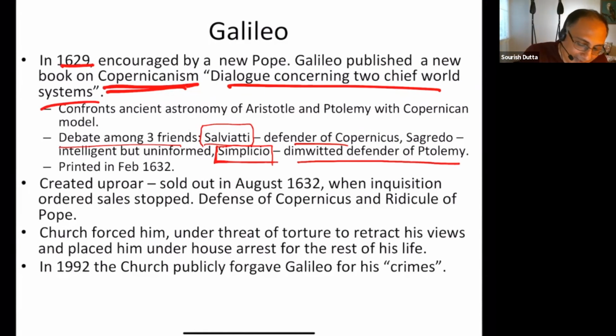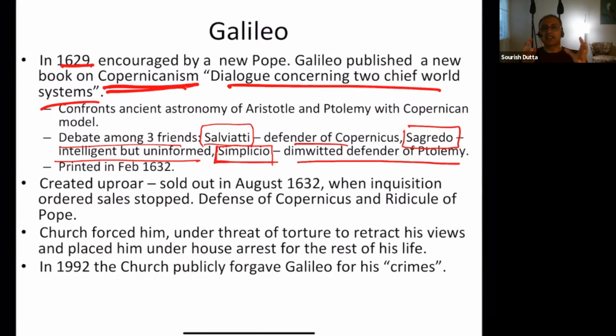And then there was this other character in the book. His name was Sagredo. He was intelligent but uninformed. Sagredo was smart enough, though he did not have the knowledge that Salviati had, to critically examine evidence and arguments and make a decision.